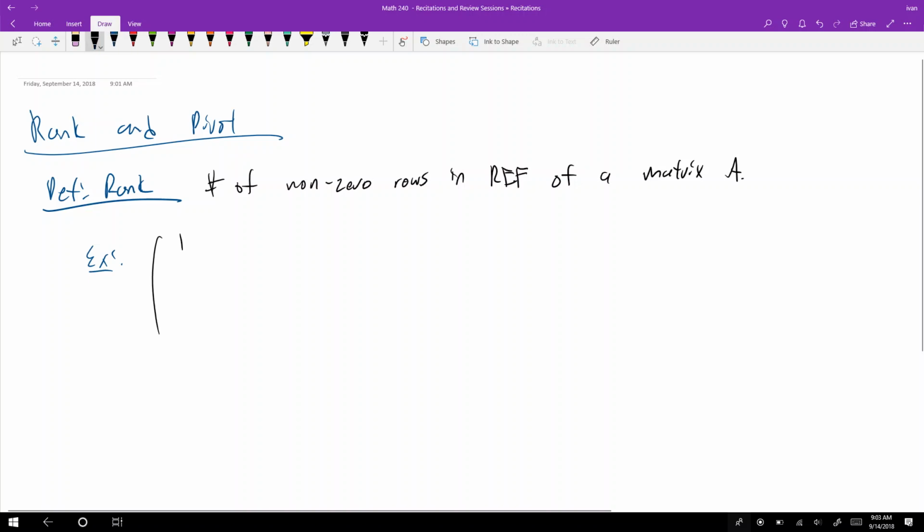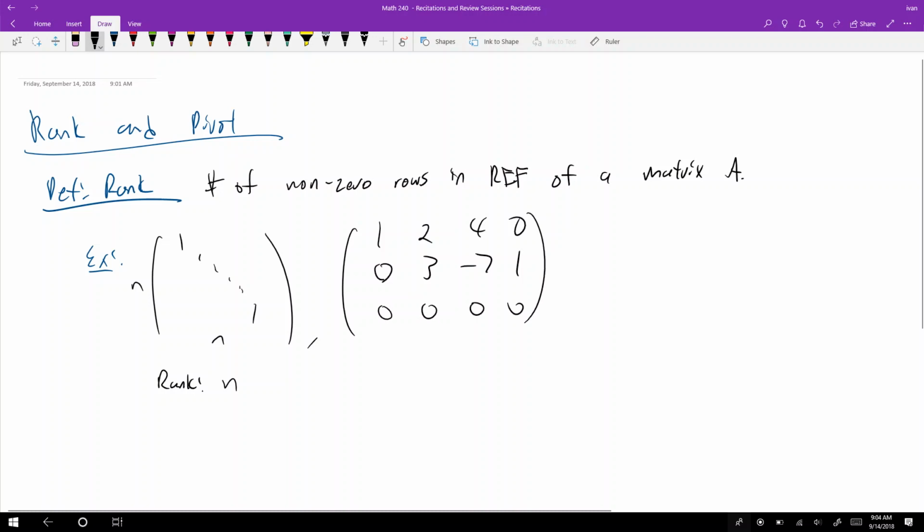So if I have the identity matrix, and let's say it's n by n, what would the rank of this identity matrix be? Yeah, it'd be n, because I'd have n rows of ones. Cool. And then let's take a look at 1, 2, 4, 0, 0, 3, negative 7, 1, 0, 0, 0, 0.